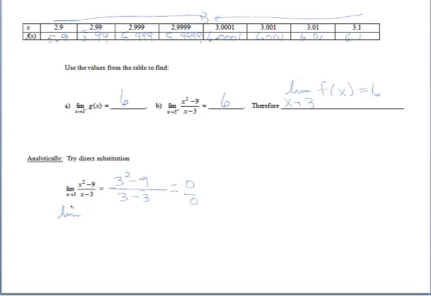Okay, and what we can do is I'm going to rewrite the limit statement, and then I'm going to take the function right here, and I'm going to factor the numerator to sum and difference of like terms. Okay, and as you guys might notice, we have a common factor that we can cancel.